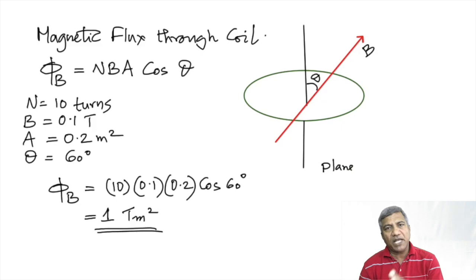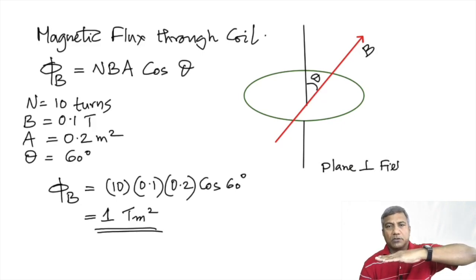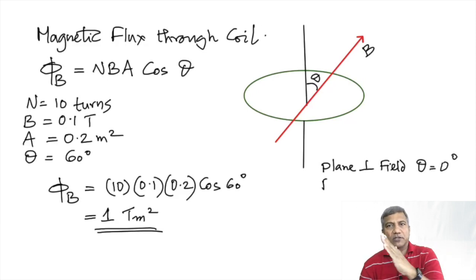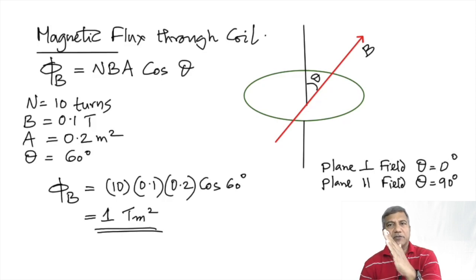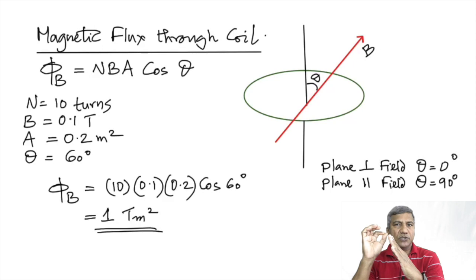But now imagine that the plane of the coil was parallel to the magnetic field. So what happens now? If the plane of the coil is parallel to the magnetic field, then the perpendicular is at 90 degrees. So theta becomes 90 degrees. Cosine 90 is 0.